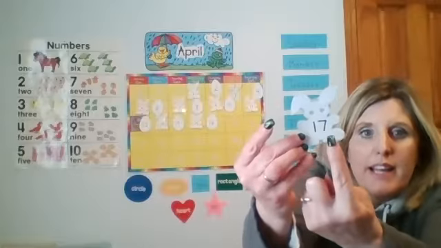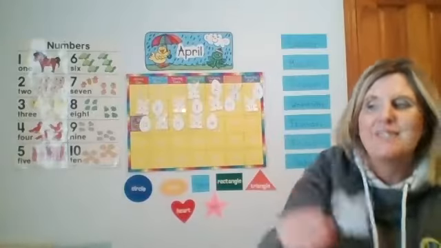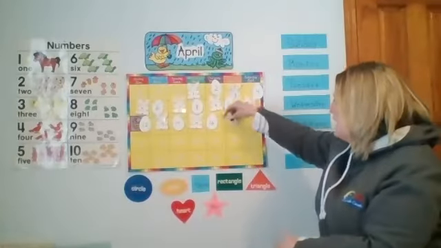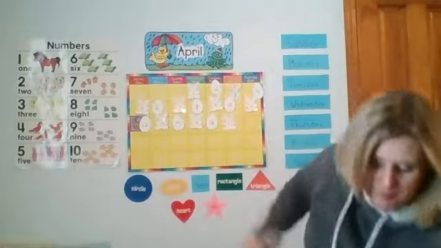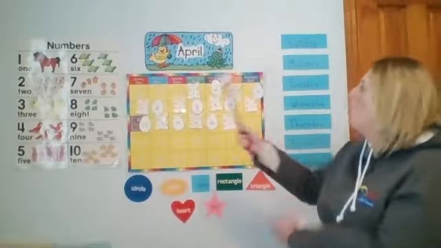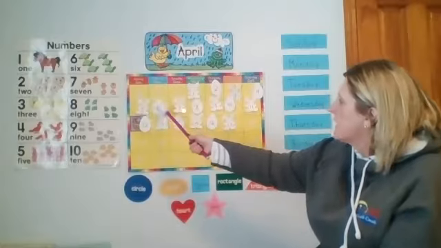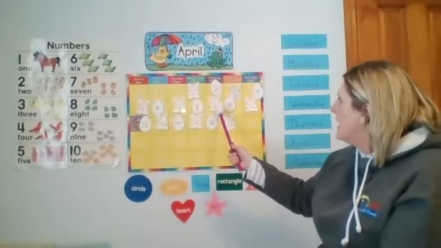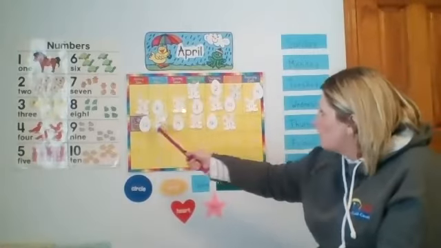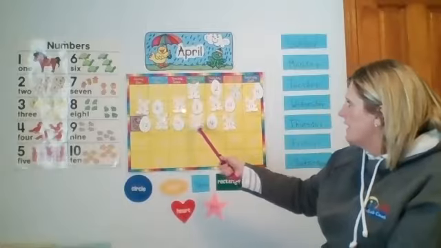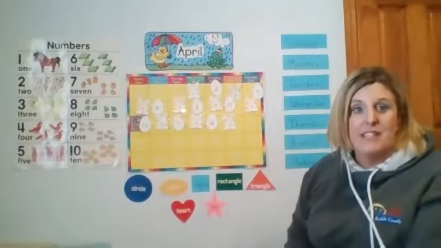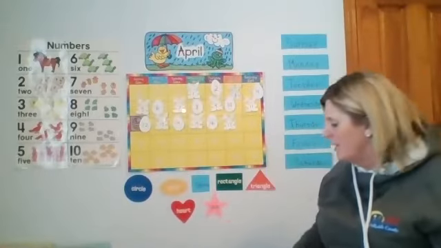A 1 and a 7, 17. So let's count up to 17. 1, 2, 3, 4, 5, 6, 7, 8, 9, 10, 11, 12, 13, 14, 15, 16, 17. That's a lot of numbers.